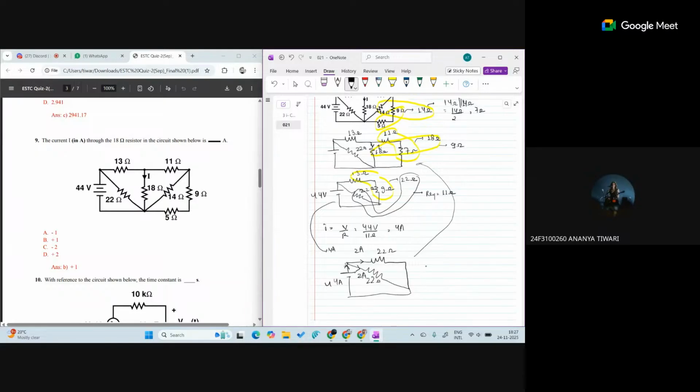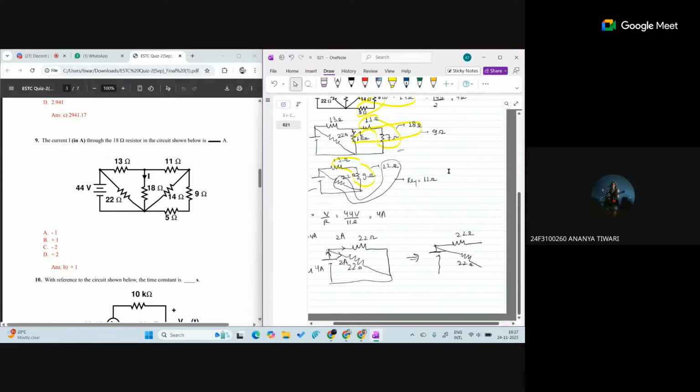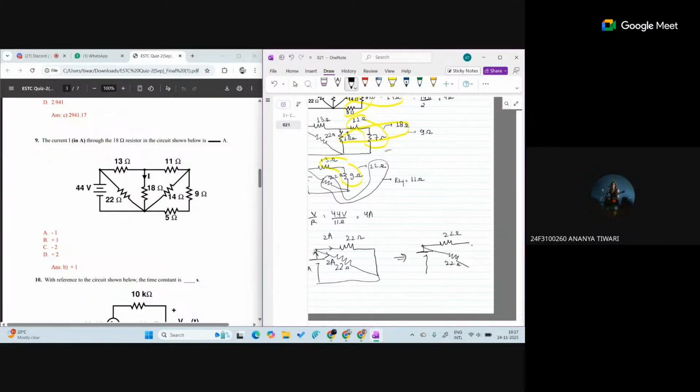So it would be like 22 ohm, 22 ohm, and here we will have 18 ohm, and again in parallel we will have 18 ohm.